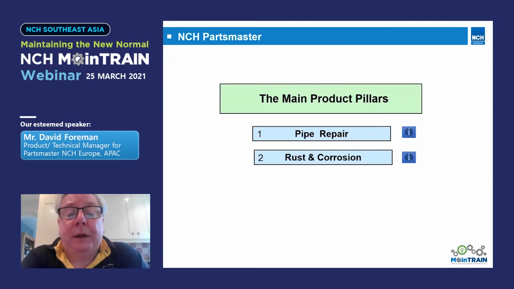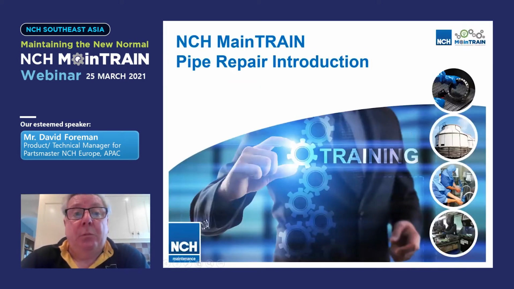The main product pillars within the Partsmaster product line are pipe repair, rust and corrosion. So I'm going to do a short presentation, first of all, to introduce each area before I go into the specific products. So, pipe repair, an introduction.